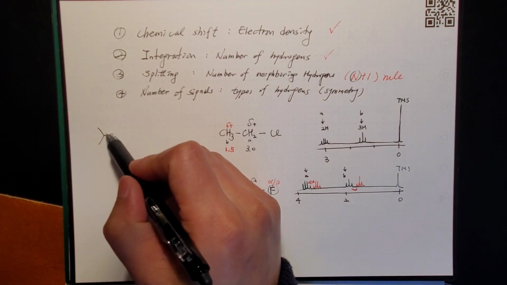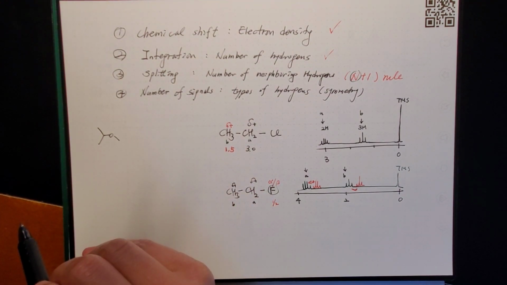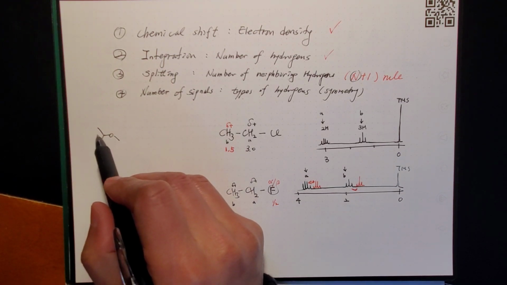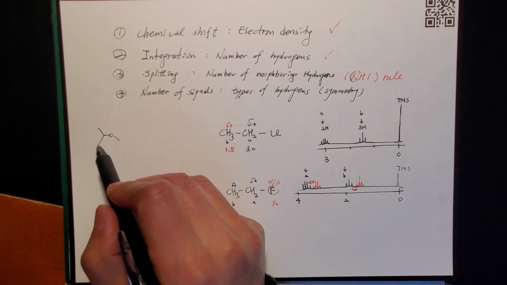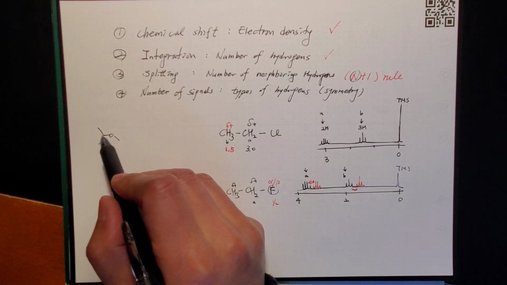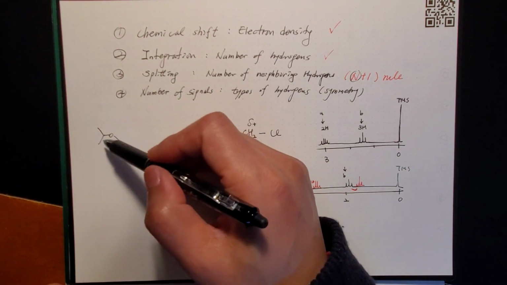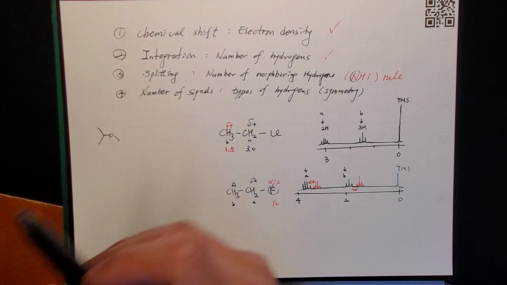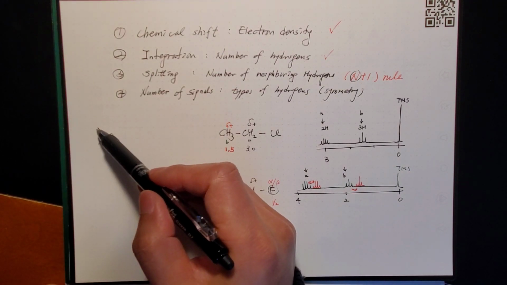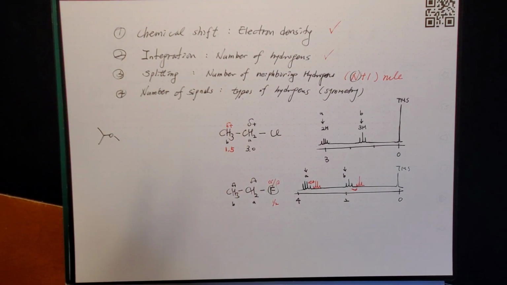If you rotate this single bond in the tetrahedral geometry, right? If you have a regular line, a wedged line, then you have a hydrogen that's wedged, that's a dotted line. If you rotate, you can basically exchange these two, and you can make them indistinguishable, so they are identical.